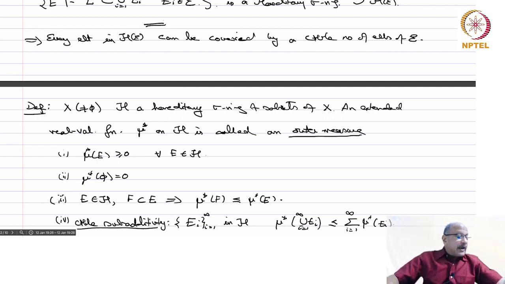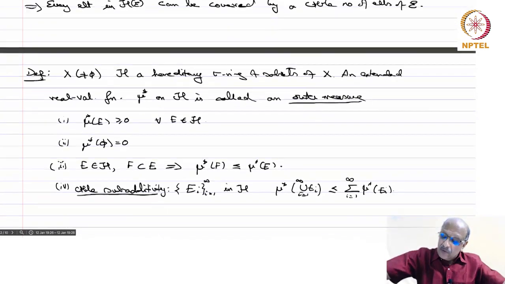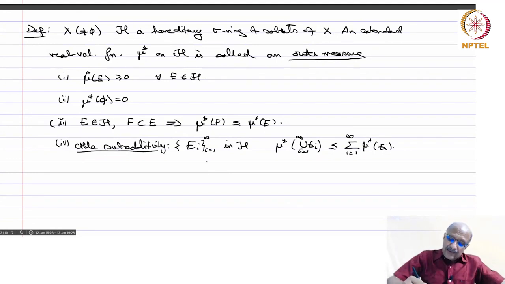So this looks like a measure, but there are some differences. The first two properties are just the properties of a measure, and the third is a consequence of the properties of a measure, which we are now putting in here because that was obtained from countable additivity, which we do not have now. And instead of countable additivity, which involved disjoint sets, we are saying it's subadditive, which is also a property of a measure. So it has some properties of a measure, but it's not necessarily a measure.